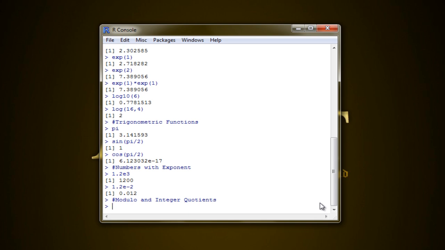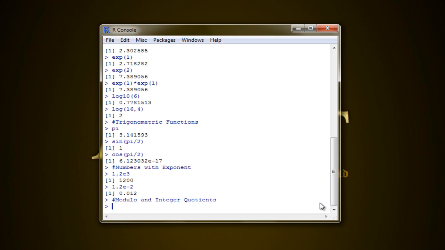Integer quotients are obtained using the notation %/%. And the remainder is obtained using the notation %%.